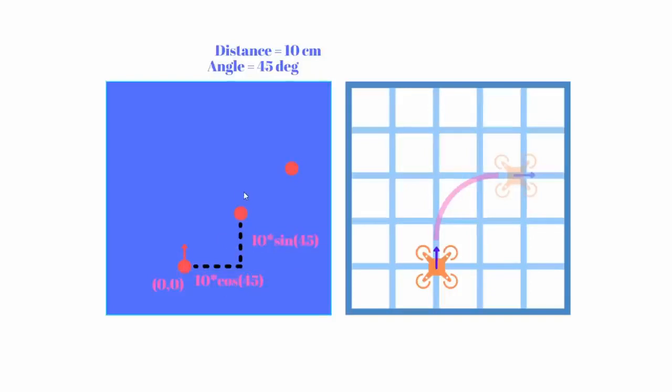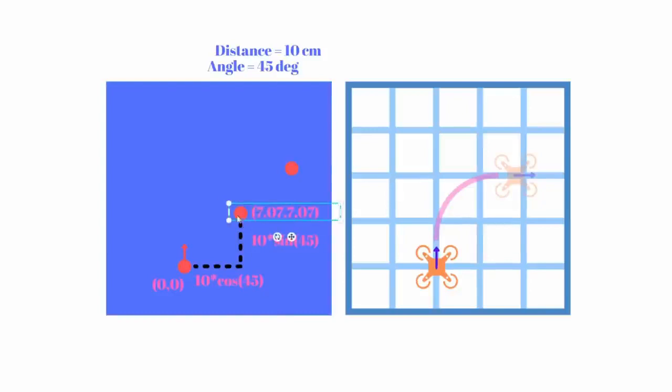The answer of each is about 7, so this point will be 7 and 7. More precisely, 7.07 and 7.07. So after 1 second, this will be our coordinate.